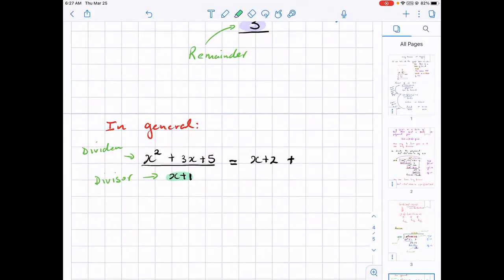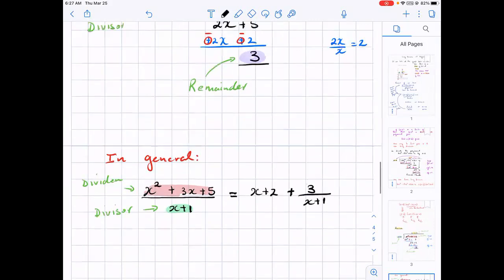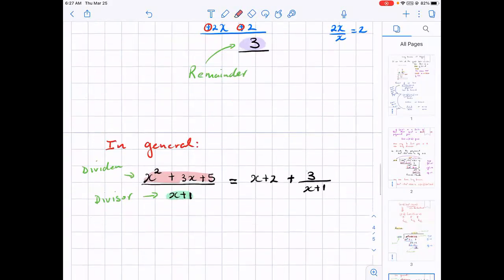That should have been a square. Plus 3 over the divisor, which is x plus 1. So here, we had highlighted that yellow. This is your quotient.